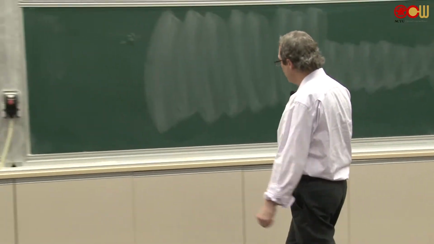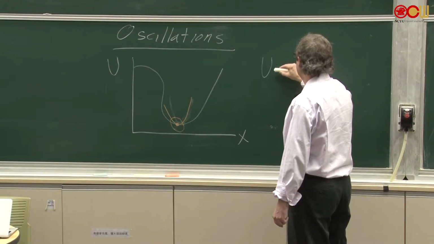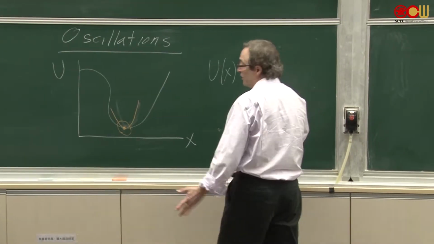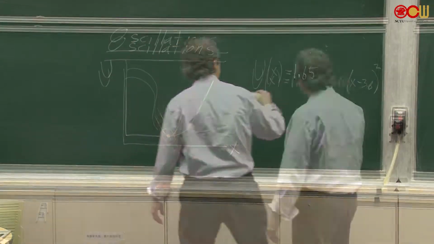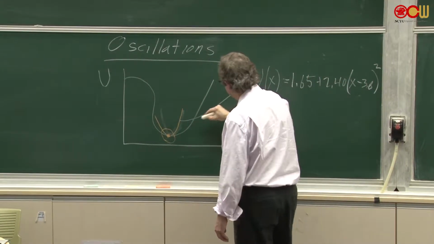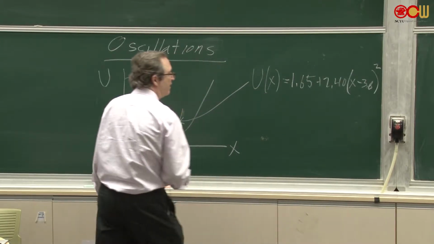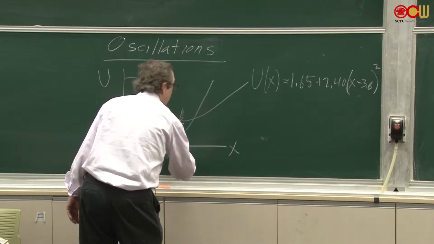So for example, let's say right around here, the potential energy as a function of x. So I actually drew it carefully. So this U of x is this curve here. All right? It has its minimum right at 3.6.